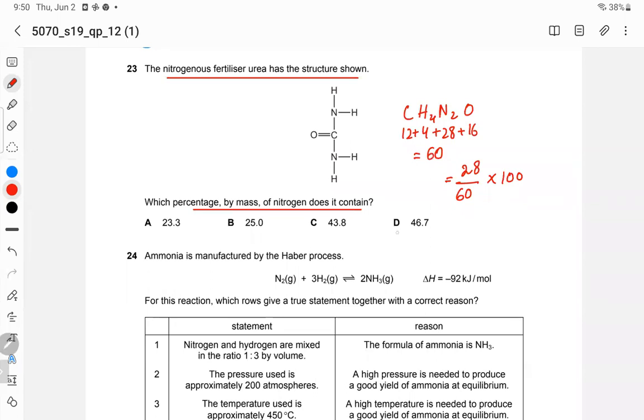I think it's 46.7. Yeah, it's 46.7. So you will calculate the answer, you will get the value 46.7%. जी, यहाँ तक clear है सबको? Yes, sir.